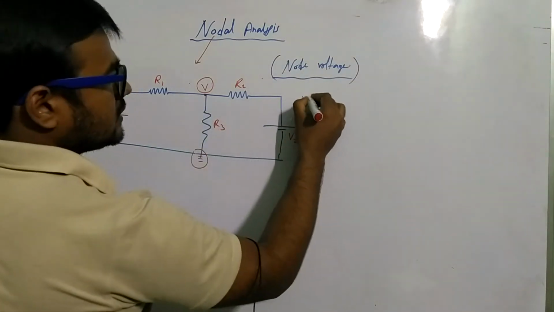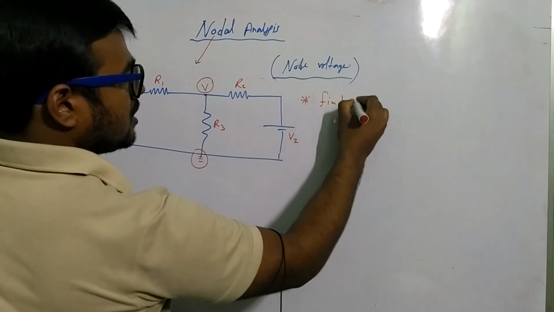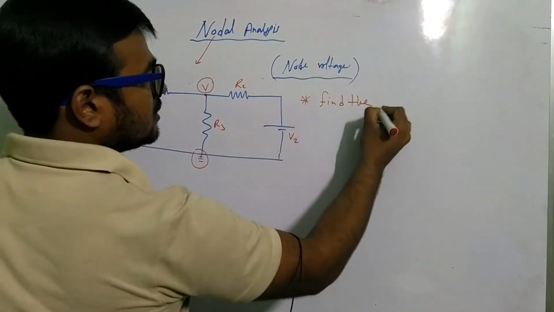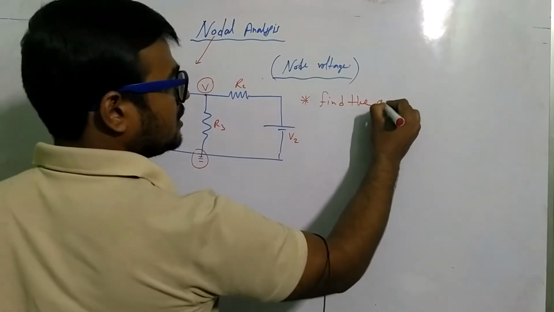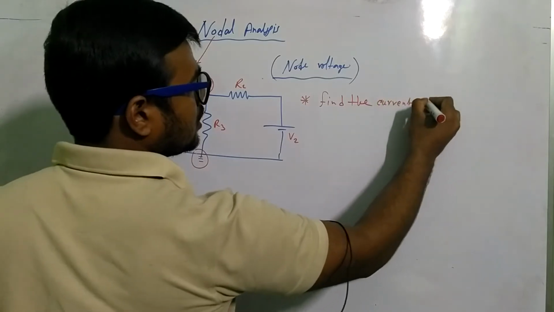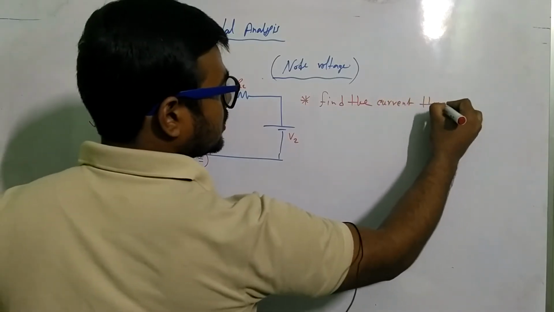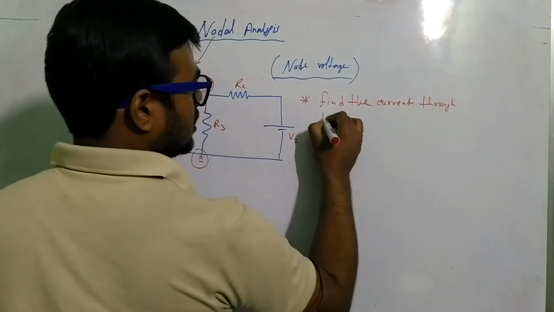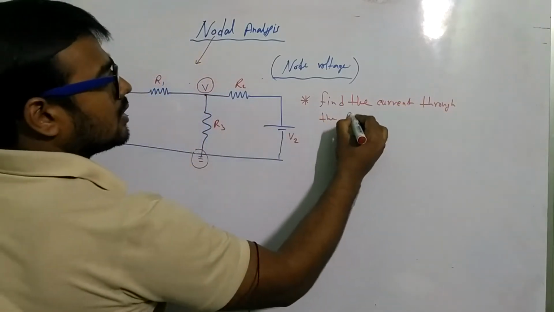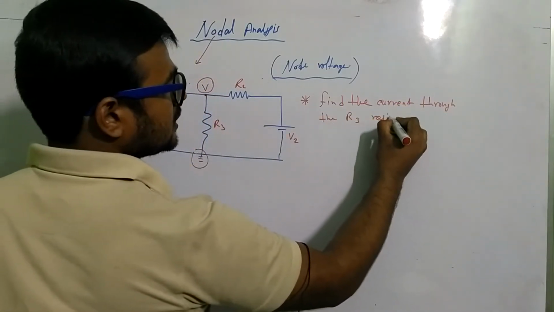The question is: find the current through the R3 resistance.